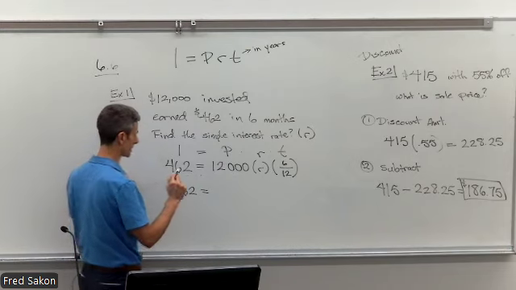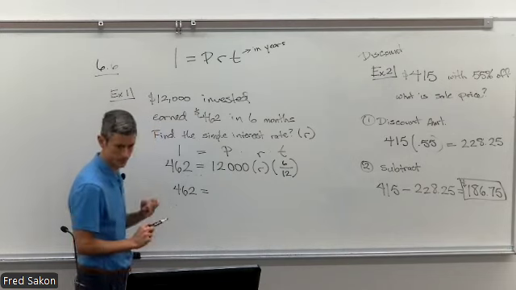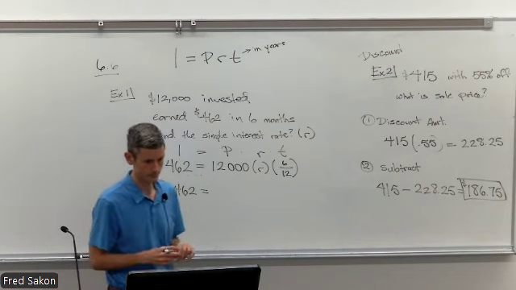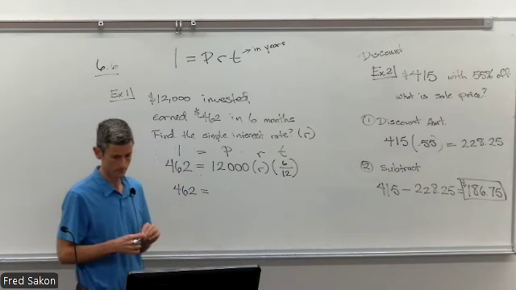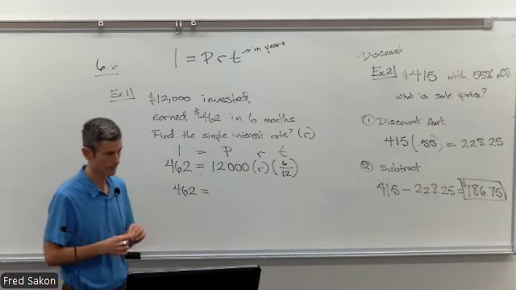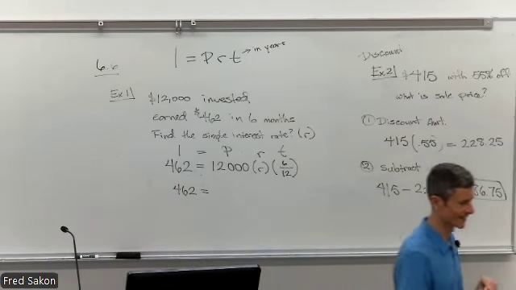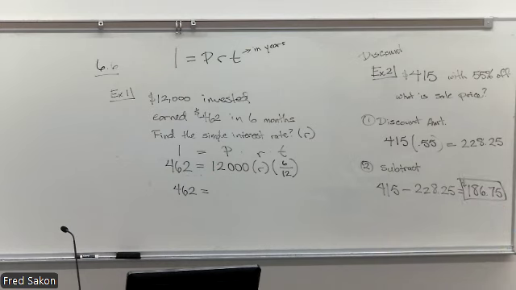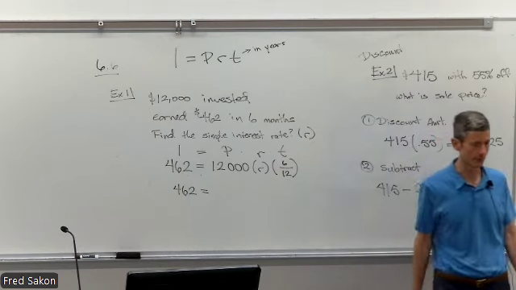Try that in your calculator. 12,000 times 6/12. I'm purposely not saying more. I want you to try, what would you do to try to simplify 12,000 times 6/12?